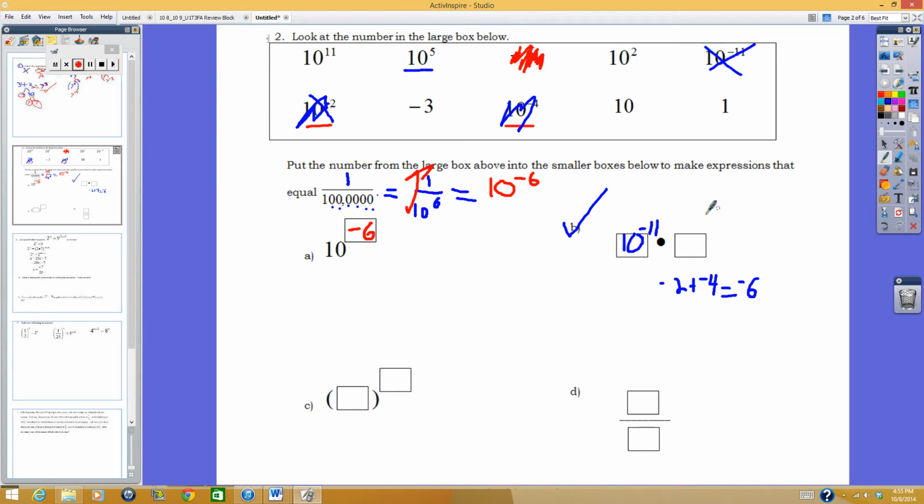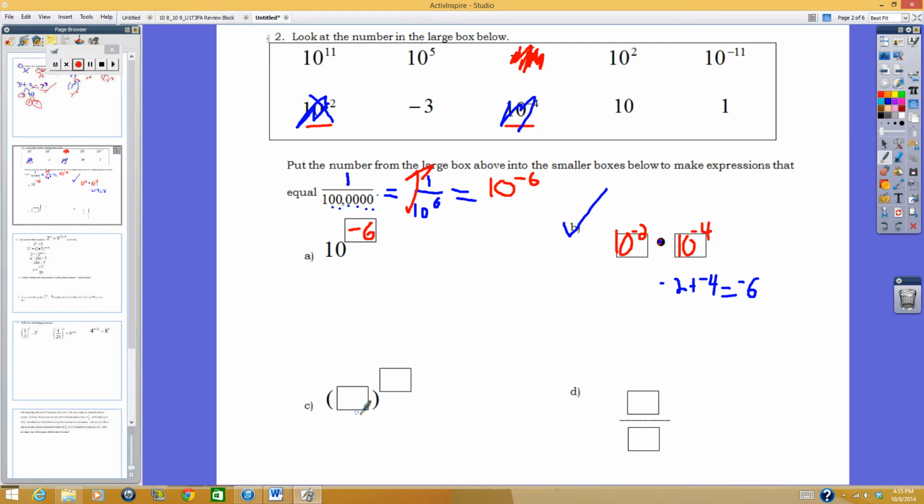And then 10 to the 5th power. If you do negative 11 plus 5, you also get negative 6. So it works either way. I like what I did first because I feel like it makes more sense, even though that doesn't make sense, but whatever. Alright, so cool.